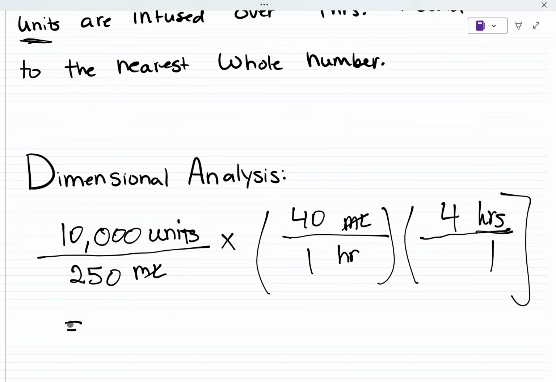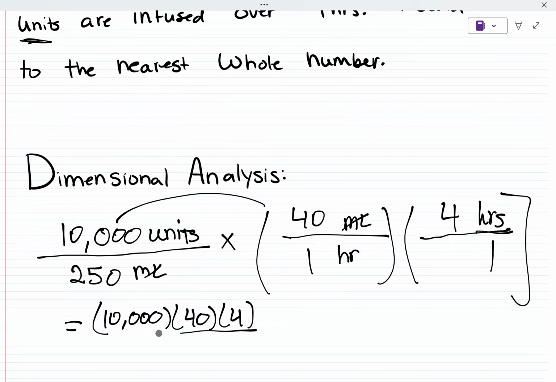And then just multiply across because this is a fraction. So it's going to be 10,000 times 40 times 4 over 250 times 1 times 1.